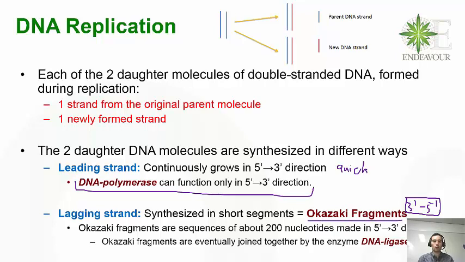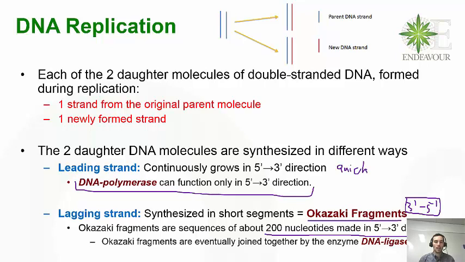Instead, we use what we call Okazaki fragments. Okazaki fragments are short nucleotide sets which are made in the 5' to 3' direction. This is made with DNA polymerase, and we can get these to match up to our lagging strand. Then when we get multiple Okazaki fragments together, we can connect them through DNA ligase.